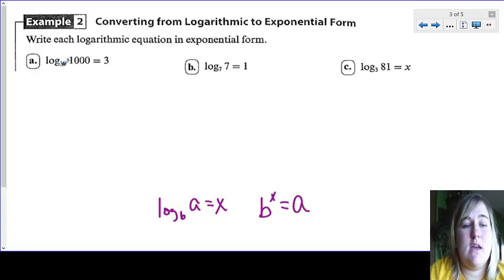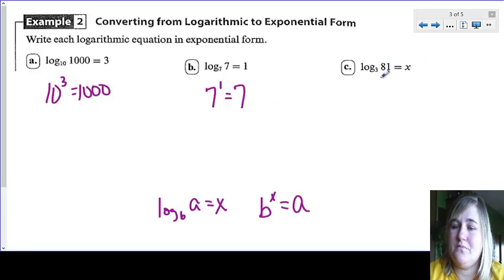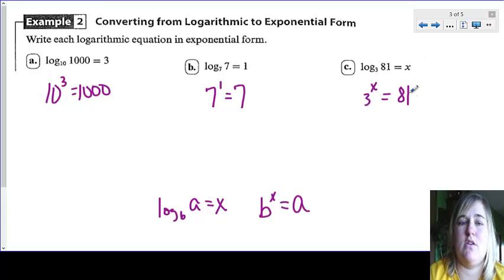My base in this one is 10. 10 to the third power is equal to 1,000. Same thing here. My base is 7, 7 to the first power is equal to 7. Here, my base is 3, 3 to the x power is equal to 81. That's it. Final answer.